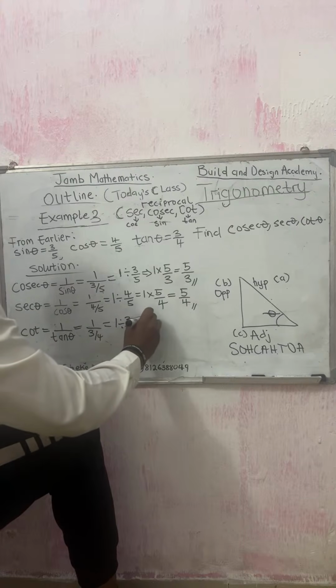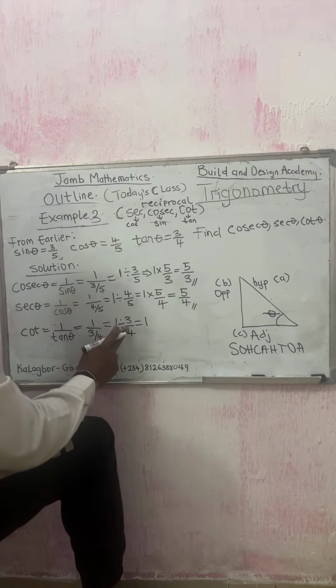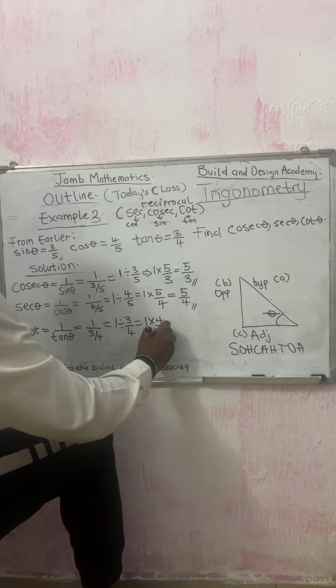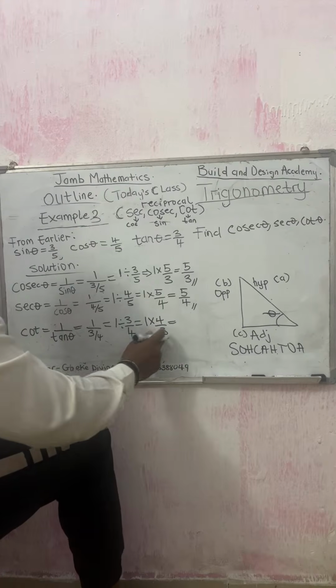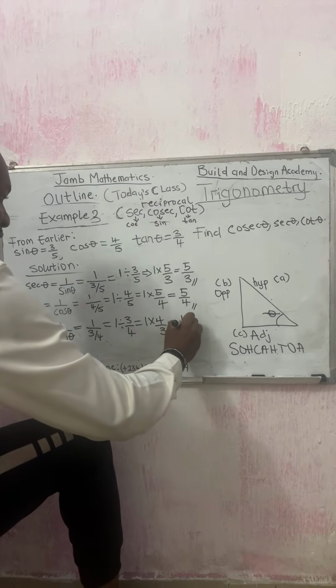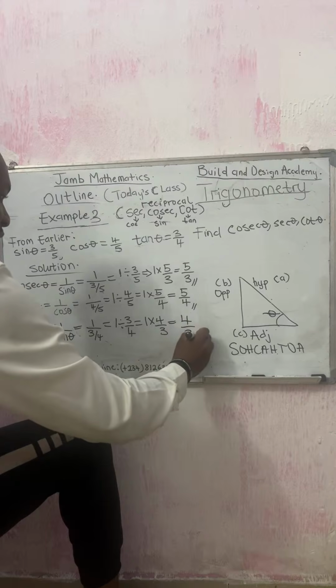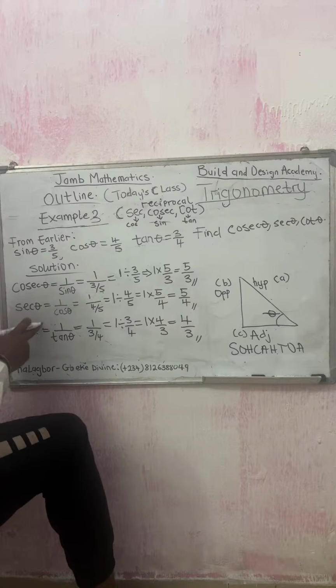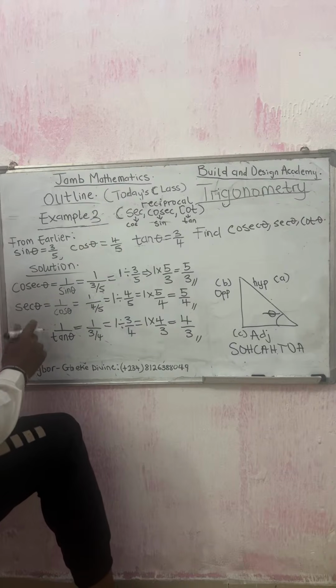Now to eliminate this division sign, we'll flip it. So it will now be 1 times 4 over 3. And 1 times any number will give us that number. So we'll have 4 over 3. So we've gotten our answer for cosec theta, sec theta, and cot theta.